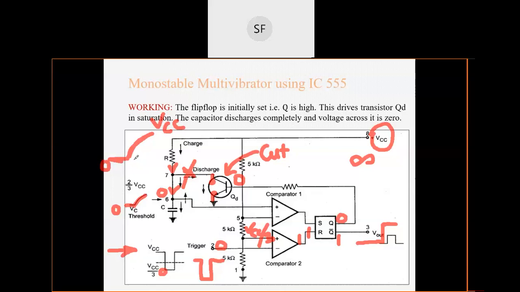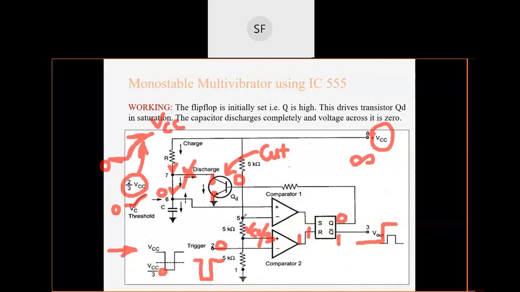Now just give attention here and observe that while going from 0 to VCC, there will be one moment when this value becomes 2/3 VCC. एक यहाँ पे मोमेंट आएगा ना, जब वोल्टेज अक्रॉस कैपेसिटर 2/3 VCC होगा, क्योंकि 0 टू, ये देखो चार्ज कहाँ तक होने वाला था, VCC तक, बट जैसे ही कैपेसिटर के अक्रॉस का वोल्टेज becomes slightly greater than 2/3 VCC, now come here at this comparator 1.